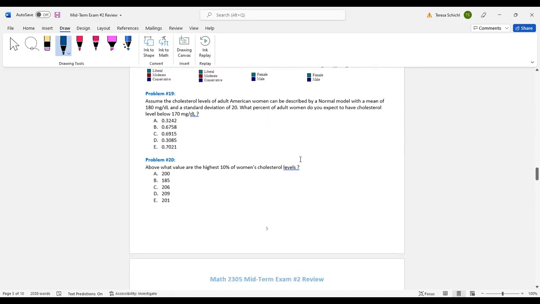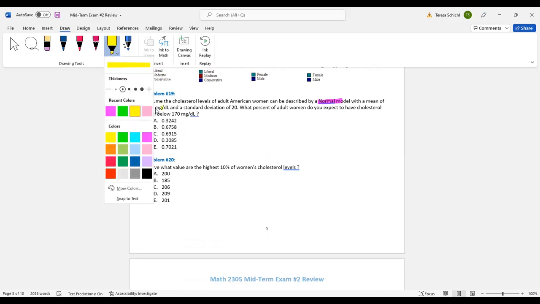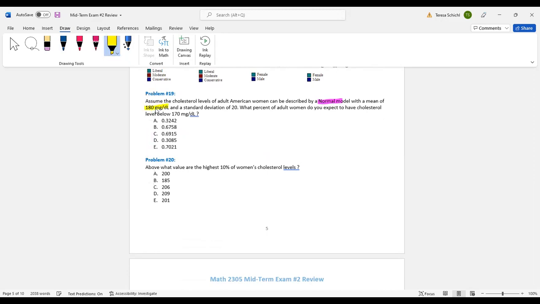Number 19, they said, assume the cholesterol level for adult Americans can be described as a normal model with a mean of 180 milligrams and a standard deviation of 20. What percent of adult women do you expect to have cholesterol below 170?